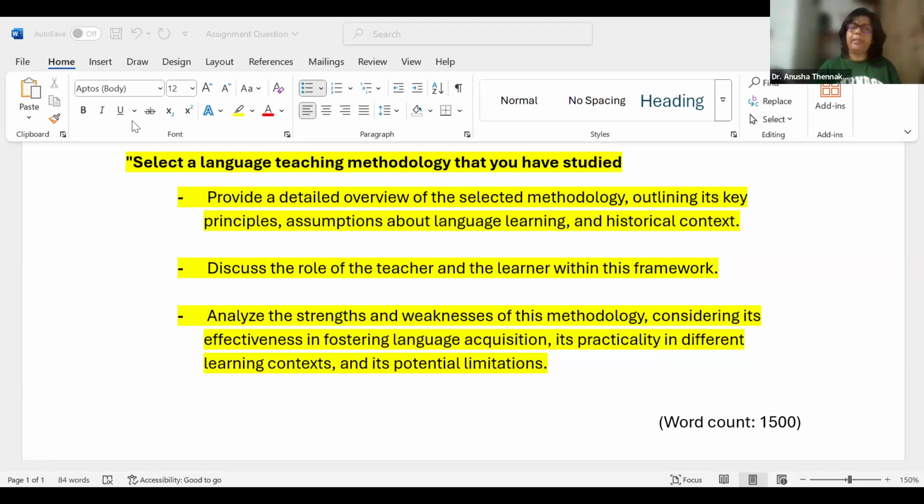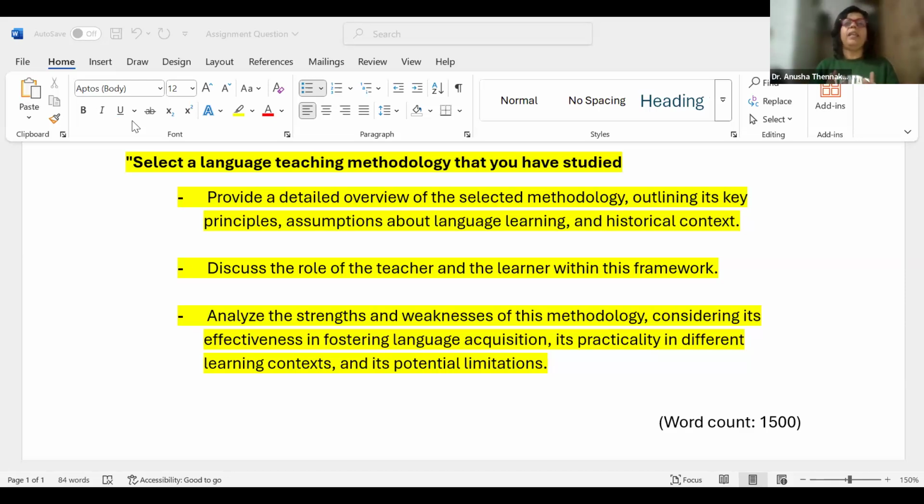We learned 5 methods: communicative language teaching, task-based learning, audiolingual method, total physical response, and student-centered methods. So now we'll assume that you selected communicative language teaching methodology.